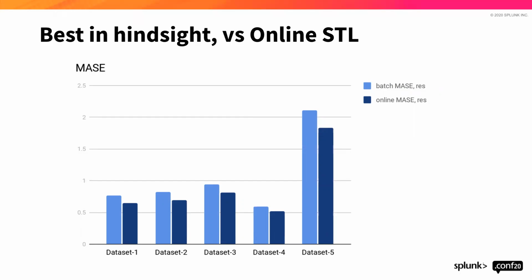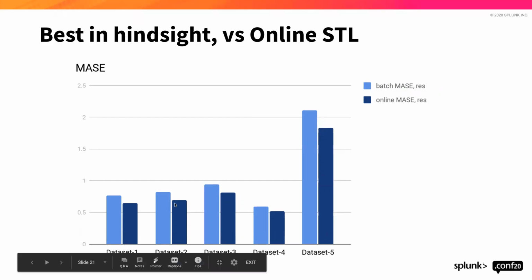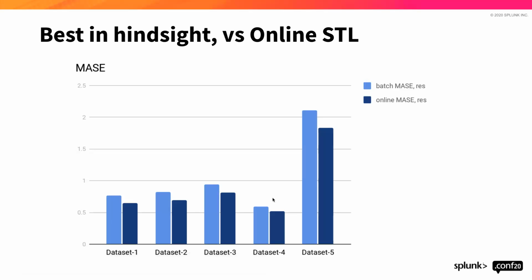So one metric you can come up with is the mean absolute error. MASE is basically a scaled version of that. So think of this as mean absolute error. This is the error in the residual, right? So the lower the error, the better. So you can see that the online algorithm is... actually, this should be the other way around.